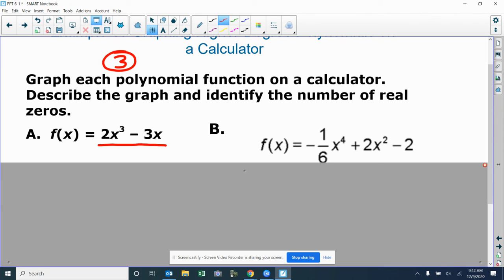What is the square root of a negative number, which we've been working with, right? i. So basically, you're going to grab your graphing calculator, go to y equals and put this in, and see how many times it crosses the x-axis. So practice that. 2x to the third minus 3x.